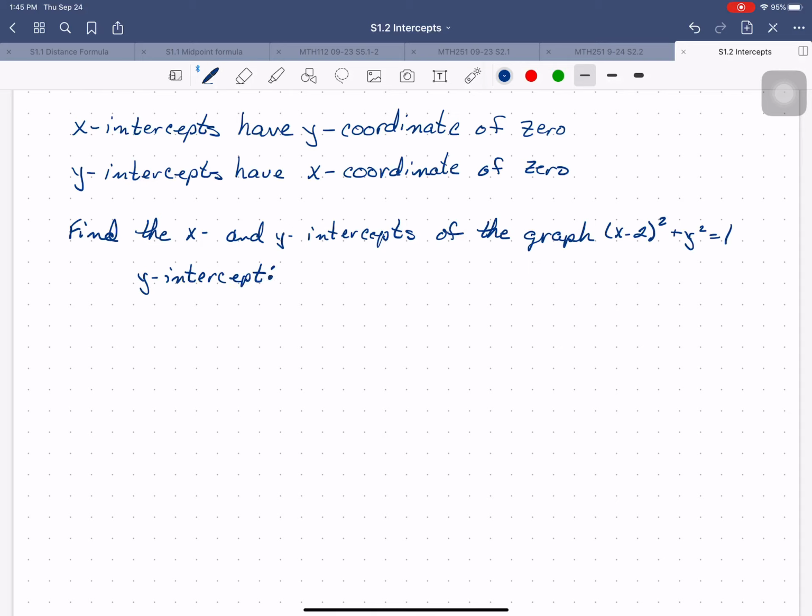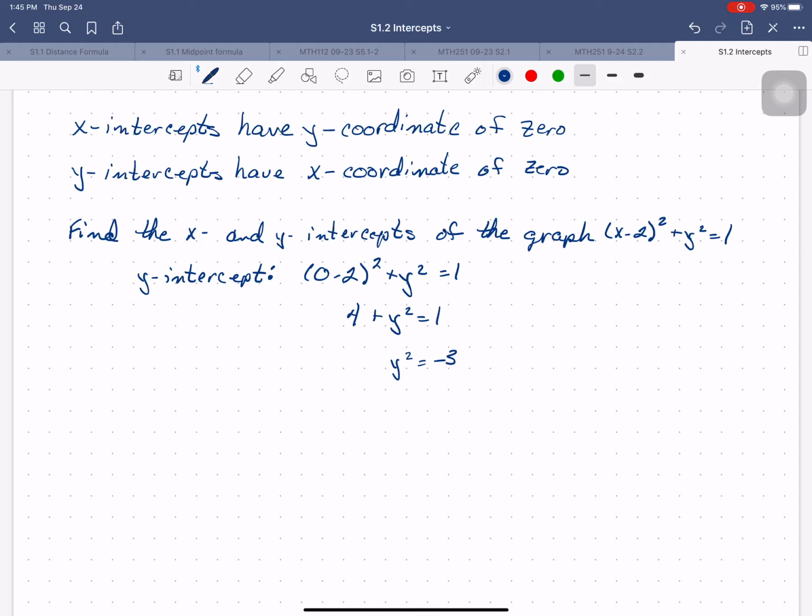To find the y-intercept, we set x equal to 0 and solve for y. So this means 4 plus y squared equals 1. Y squared equals -3.